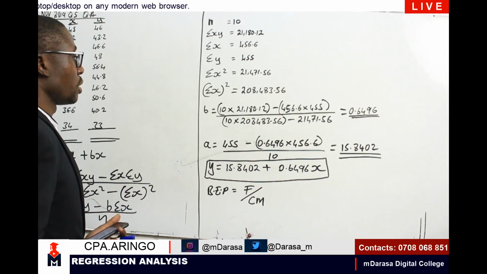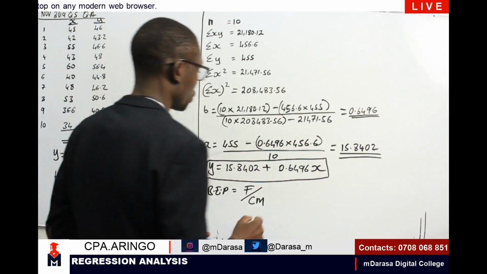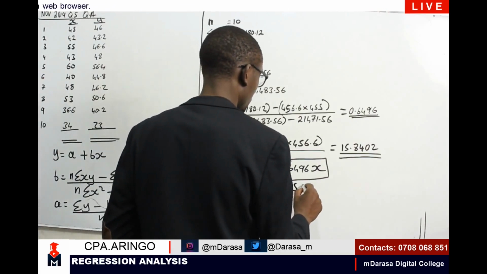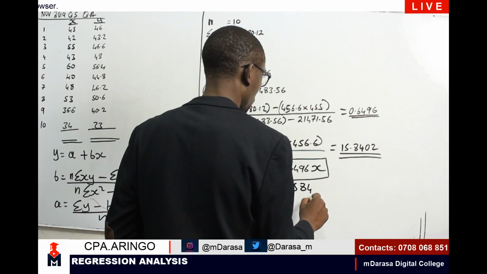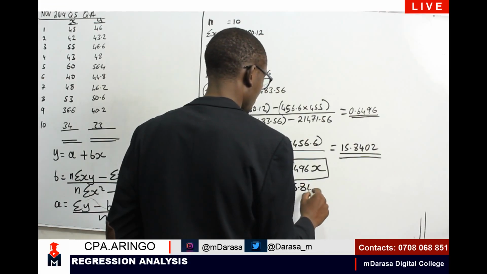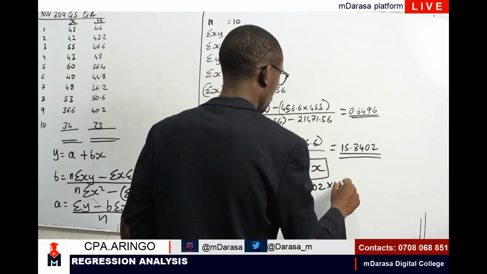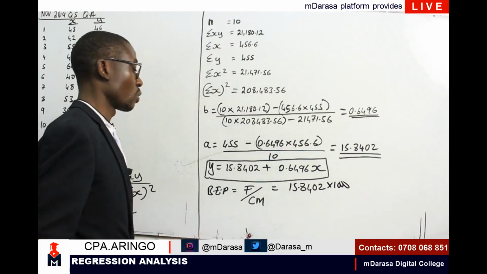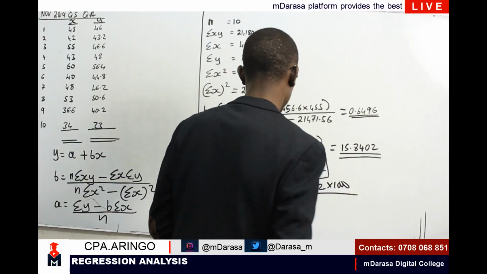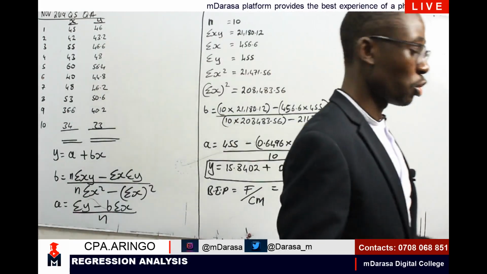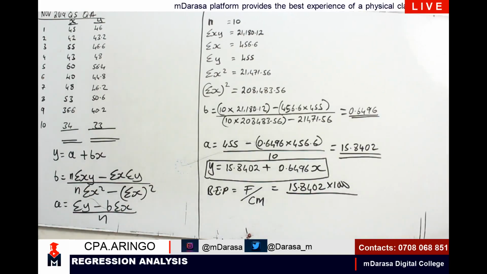So we should talk of 15.8402, our figures are in thousands, right? So if we multiply it by 1,000, it's converted into whole. Contribution margin: for us to determine our contribution margin, always we take our selling price per unit minus variable cost per unit.